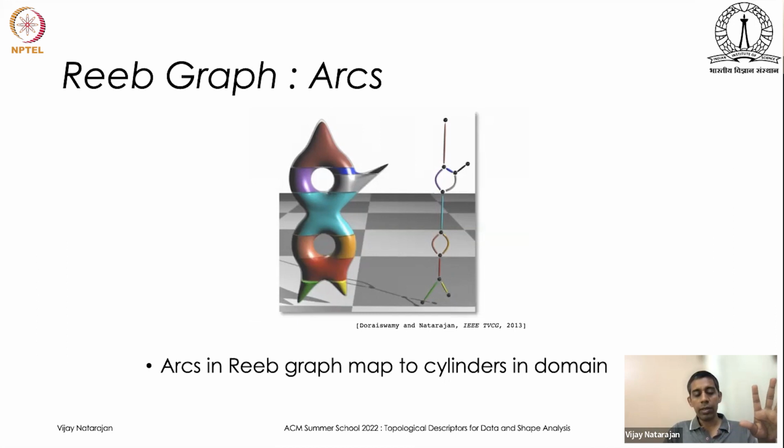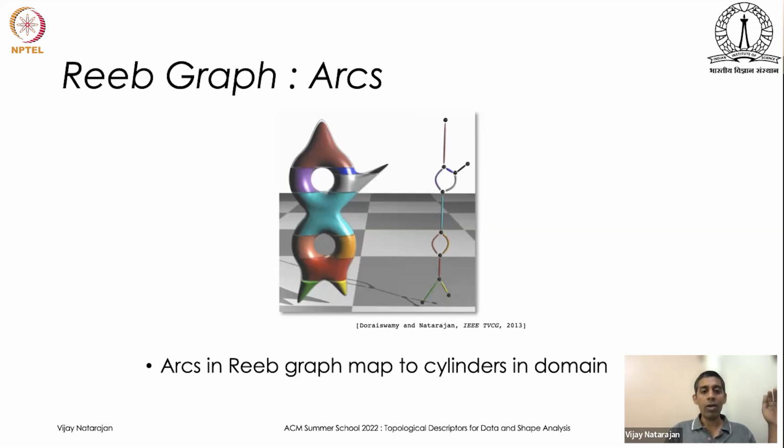So thinking about it in the other direction, you can interpret every arc in the graph as a cylinder in the domain. The cylinder is a nice feature in the domain because it's a collection of level sets all of whom have the exactly same topology in terms of number of connected components, right?